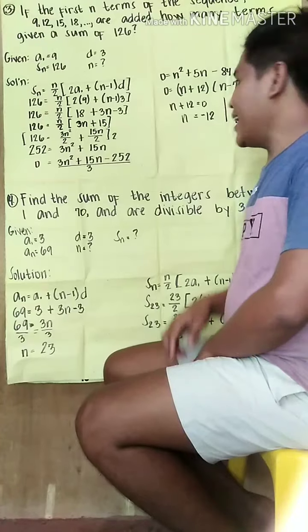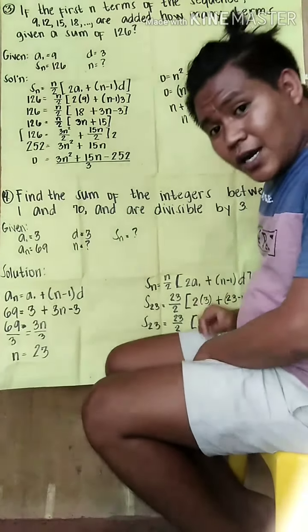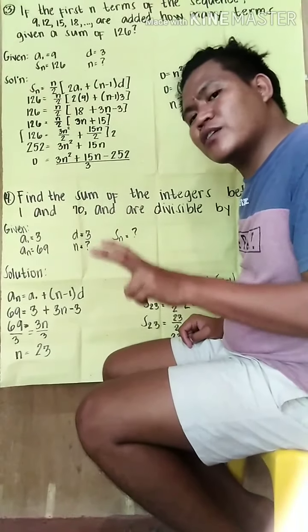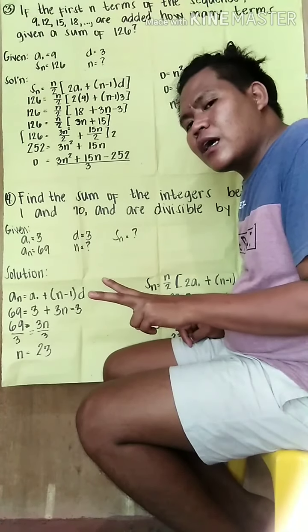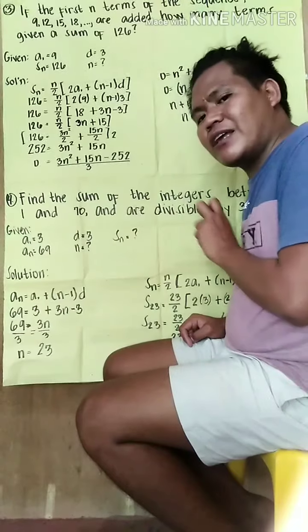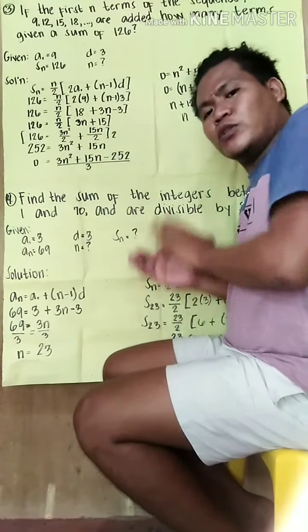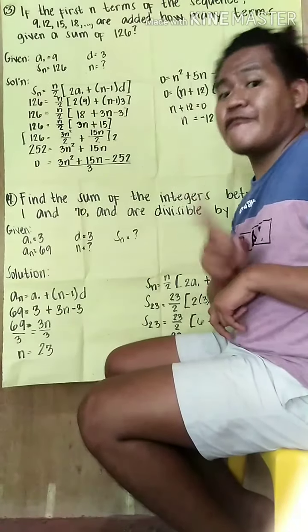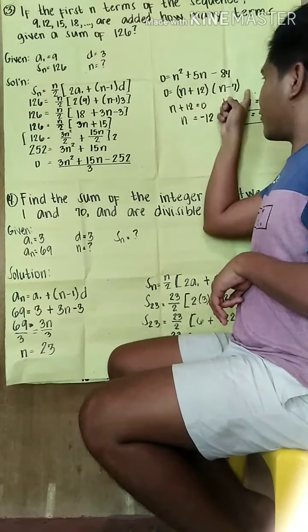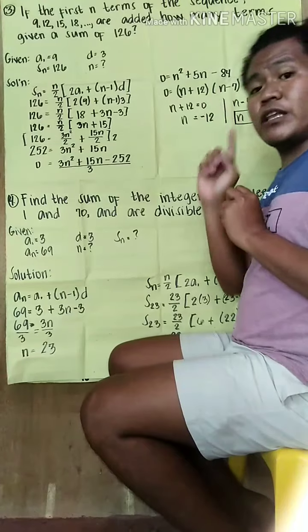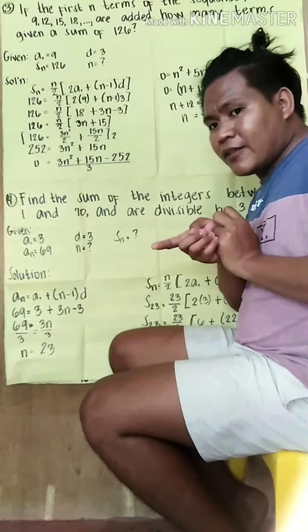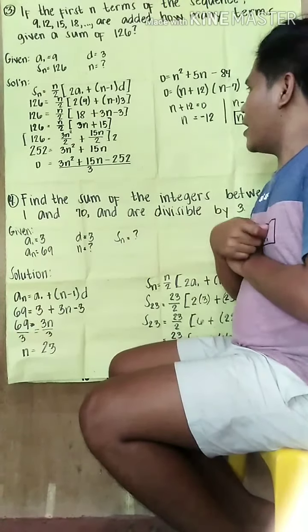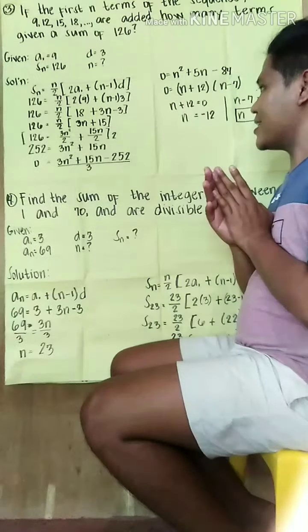Simply get two numbers that, if we multiply them, the answer is negative 84, and if we add those two numbers, it leads us to positive 5. So 12 times negative 7 is negative 84, and 12 minus 7 is equal to positive 5. So therefore, our factors are correct.